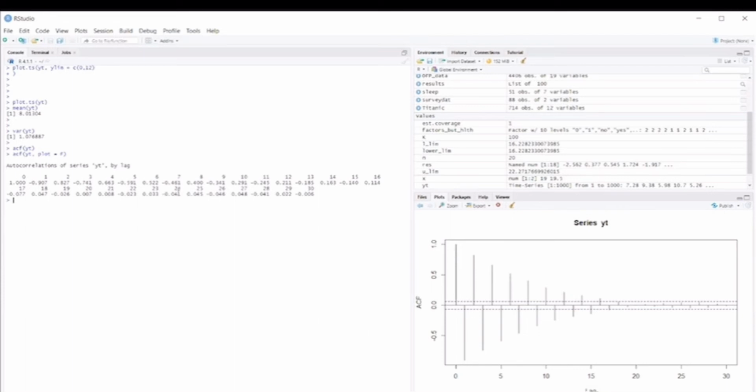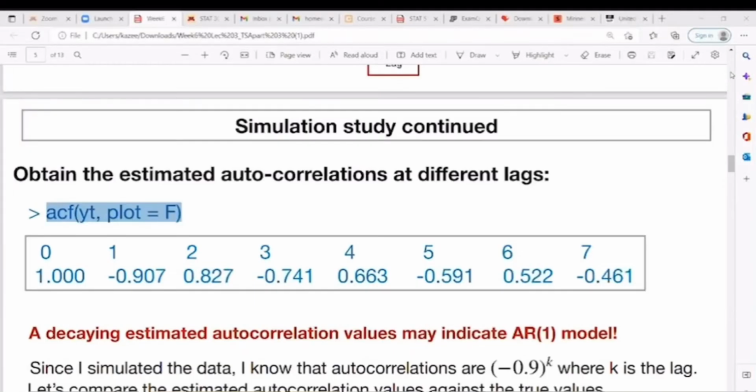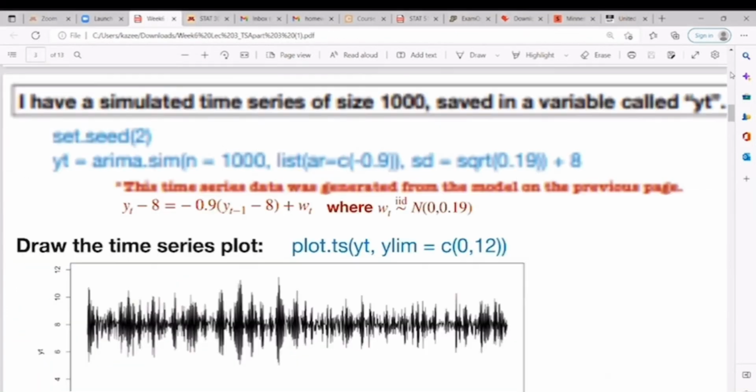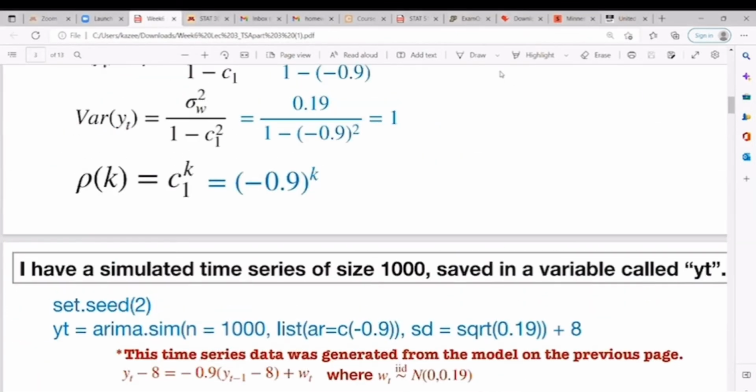We can also go back and use the formula right here if you want to get the theoretical one. When k equals 0, plug that in, and that will be 1.